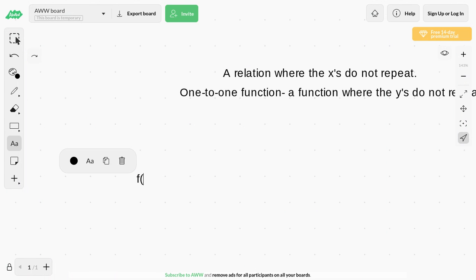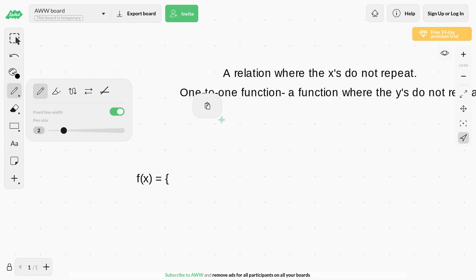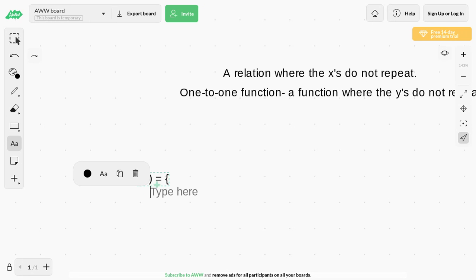So let's say you see something like this. f of x is equal to, and then that little squiggly thing. Come on, pen. It's that thing. Okay, so f of x is equal to 2x plus 5 if x is smaller than 2.